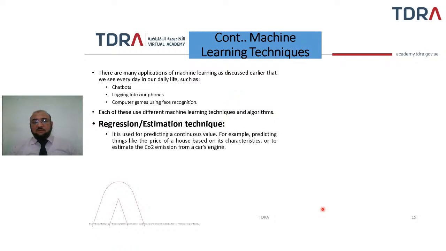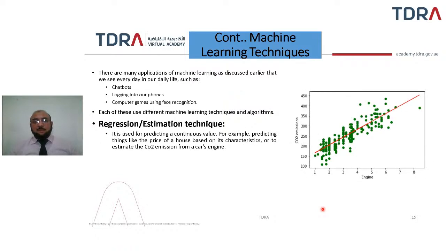First of all, we discuss the regression or estimation technique. Regression estimation is basically predicting things like the price of a house based on its characteristics, or estimating the carbon dioxide emission from a car engine based on the engine features.